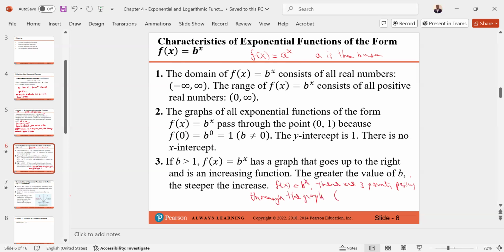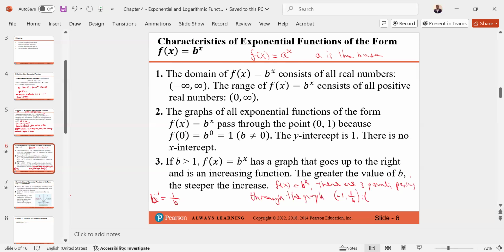We know when x is -1, b power -1 would be 1 over b. If we remember, b power -1 is 1 over b to make it positive. So we know this point would be on the graph.